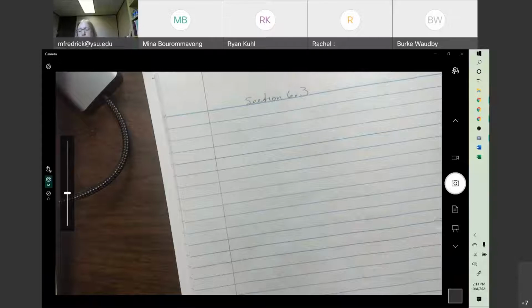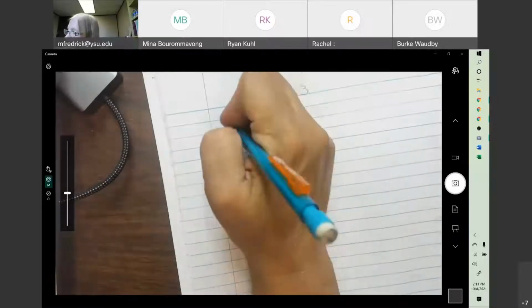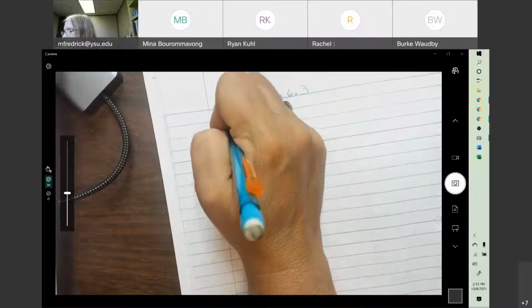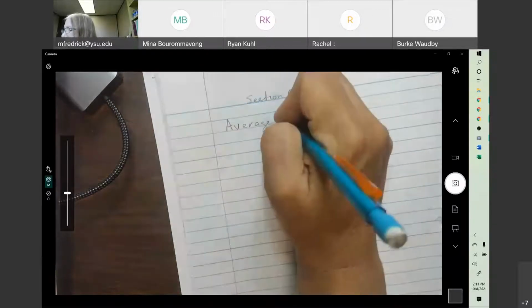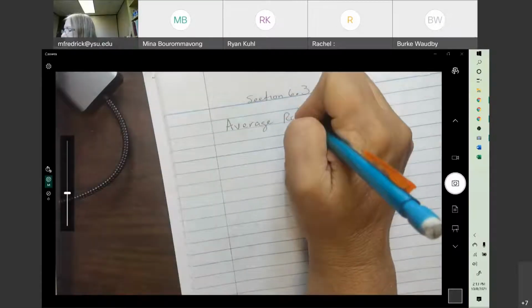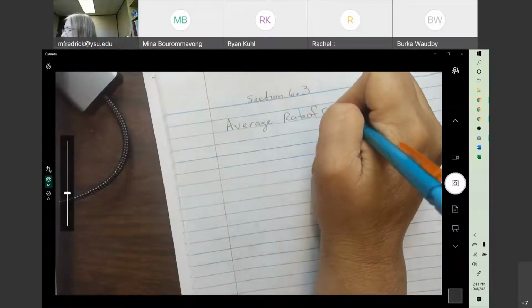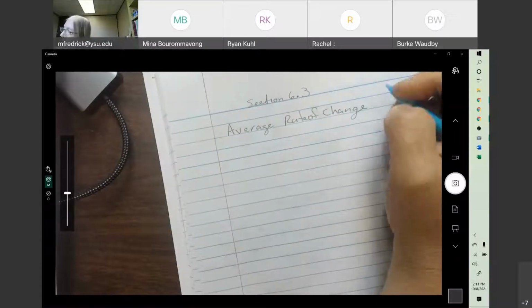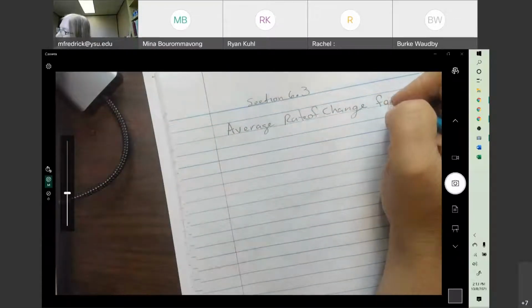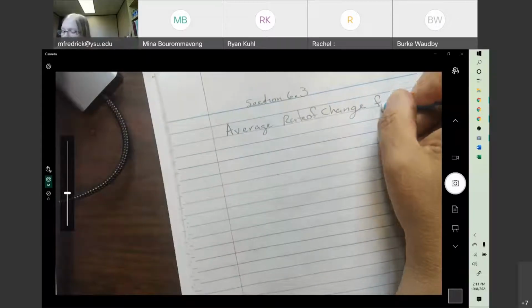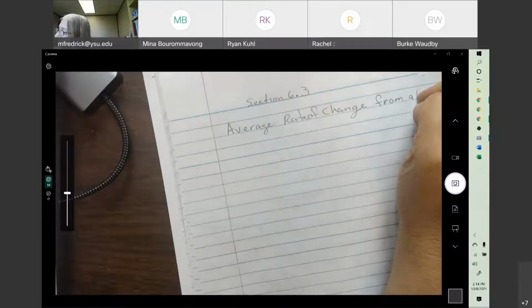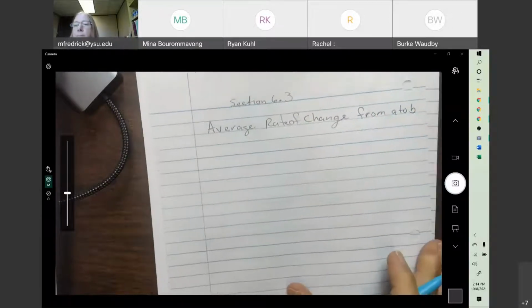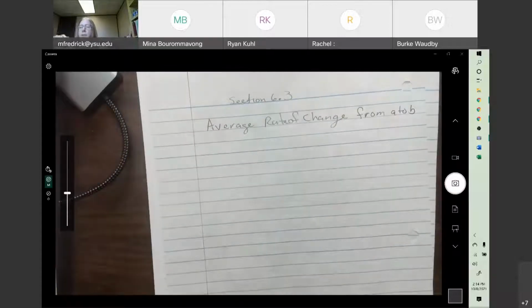Section 6.3 is rates of change. And there's two that we look at. First, we look at average rate of change from A to B. So we're looking at how it changes from one value to another.